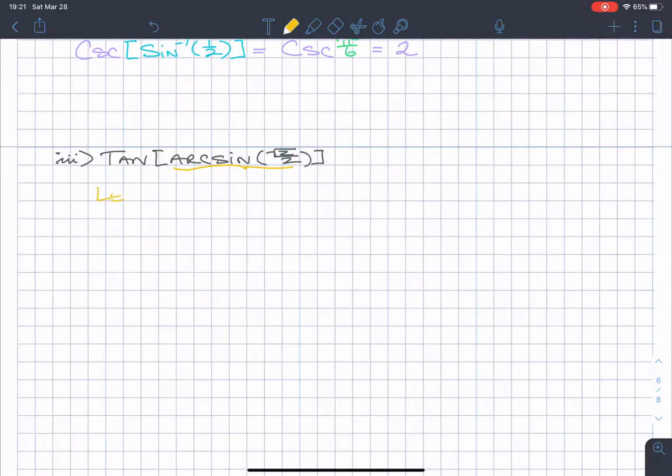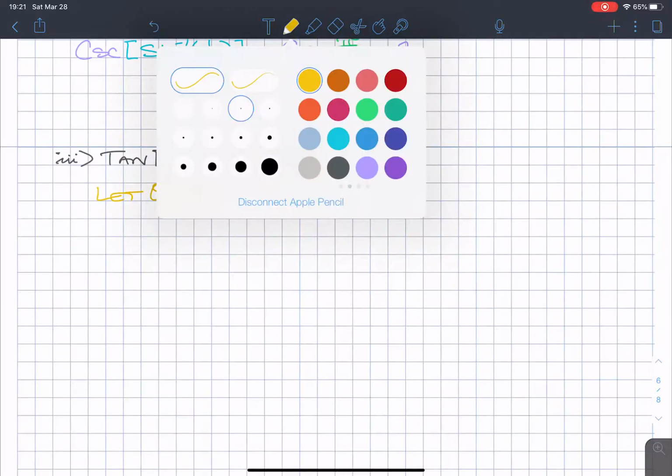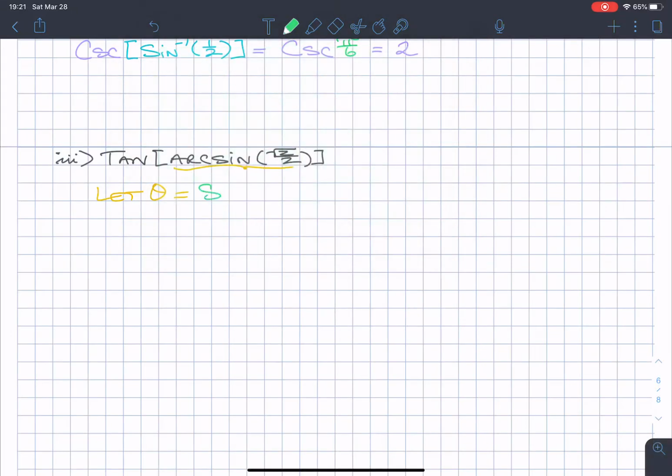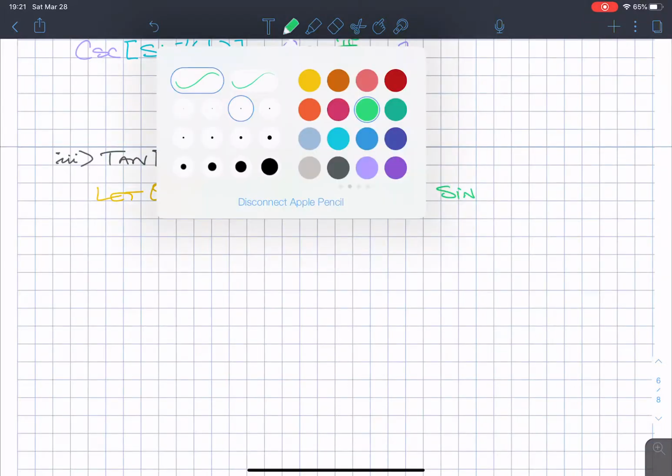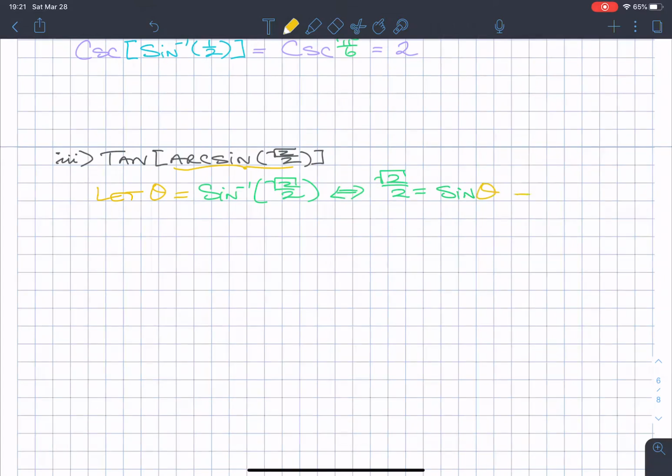So I'm going to let theta be inverse sine, because that's what arc means, of root 2 over 2. So that is equivalent to saying root 2 over 2 is equal to regular sine of theta. Okay. Well, that must mean that theta is pi over 4.